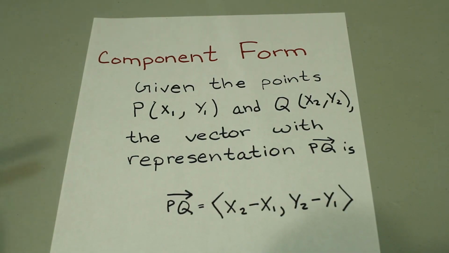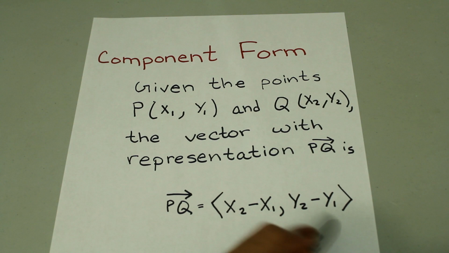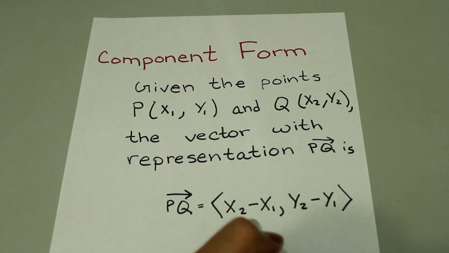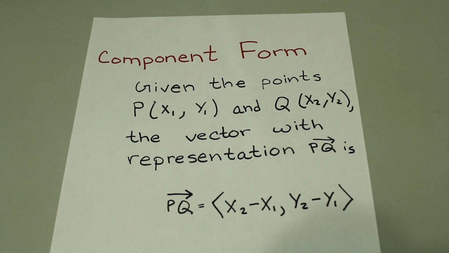If your origin is your initial point, so when you subtract away 0 from the terminal point, the x and y components are just the x and y coordinates of your terminal point.